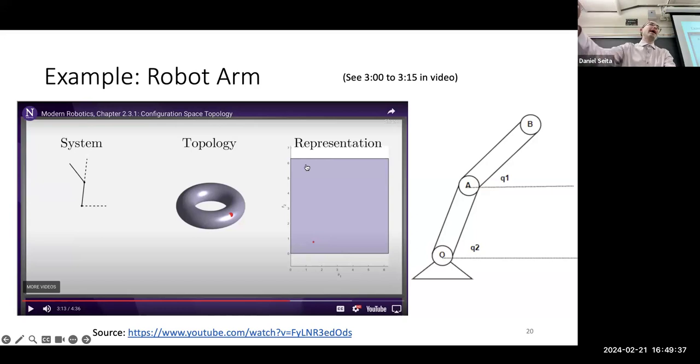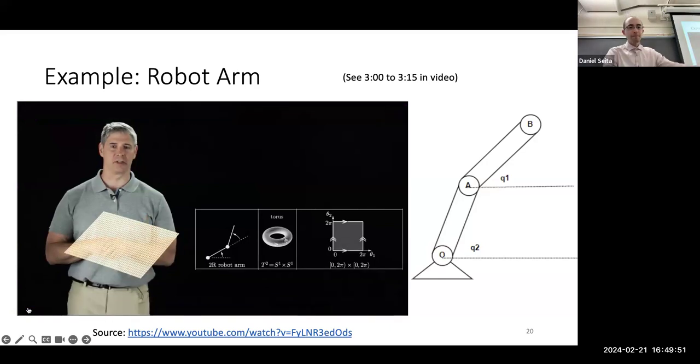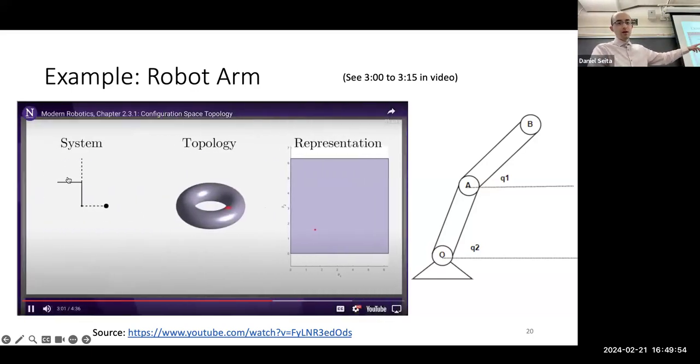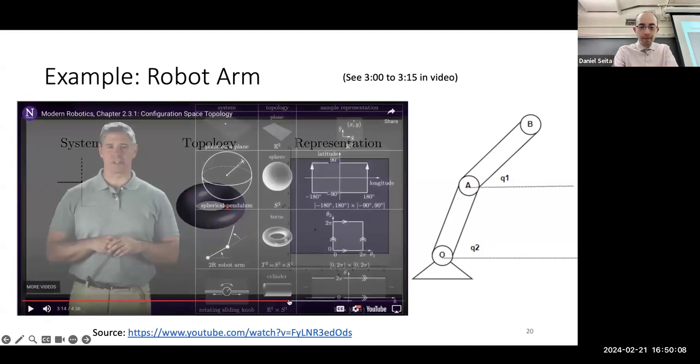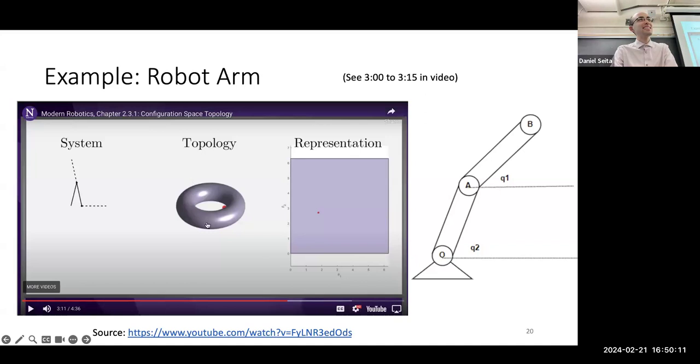That is two angles, but it has the problem that you have a big jump when you go from 2 pi to a little bit more than that. So let me show this again. This thing is moving, and this dot is showing where it's moving. If it's the other one, then it goes about the other circle that we talked about. Then if both of them move, then it can move anywhere on the surface. All right, any questions on this? Yeah, then you can look at this video at the bottom later if you want to.